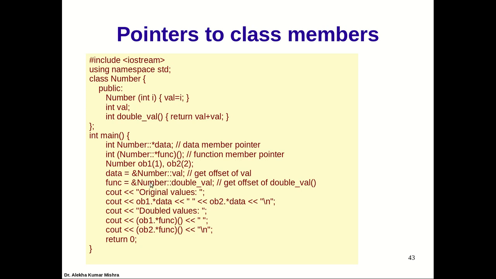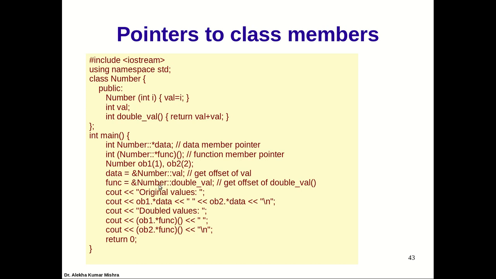But here what we do is write data equal to ampersand of number val. So it is saying that data is actually the pointer which will refer to which data member?